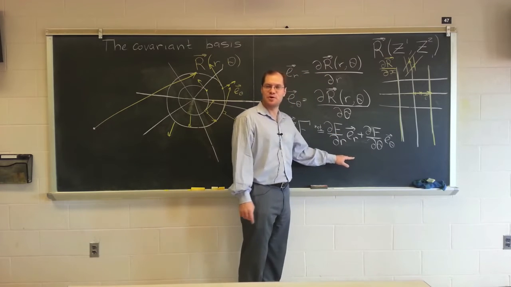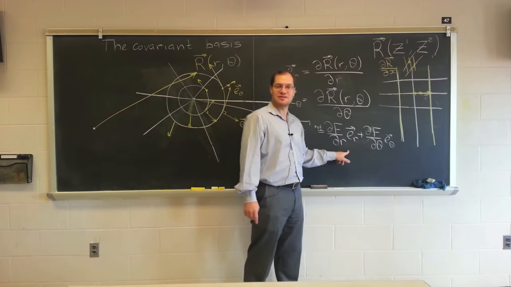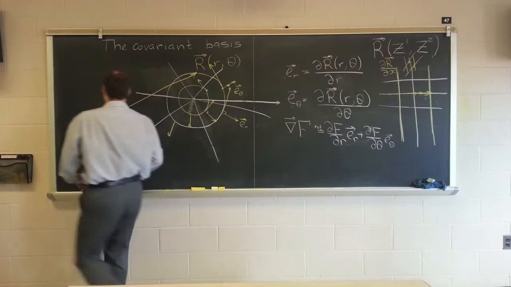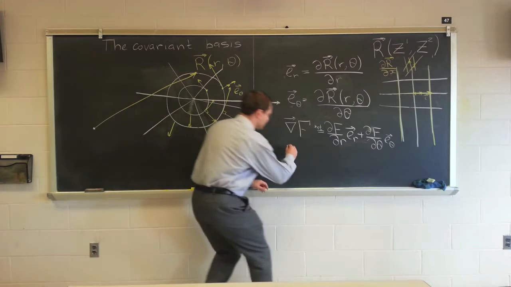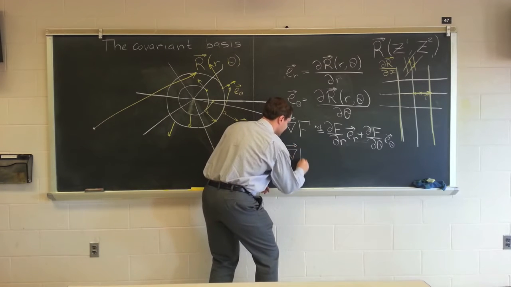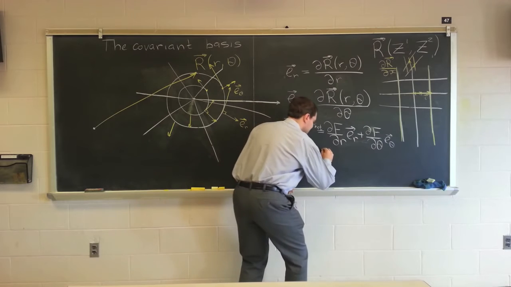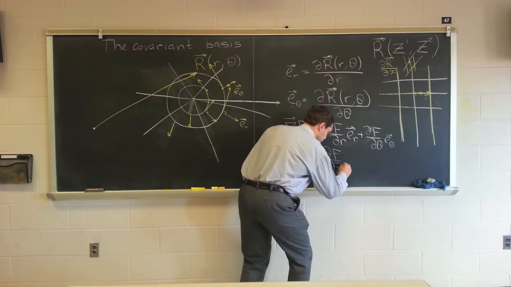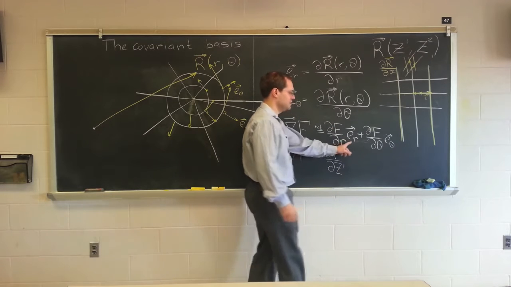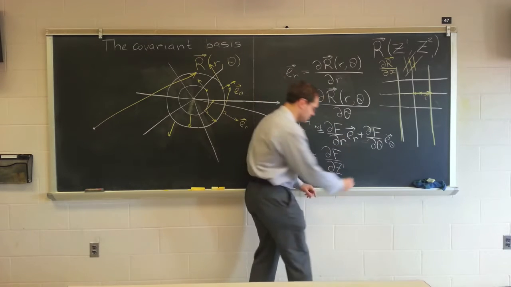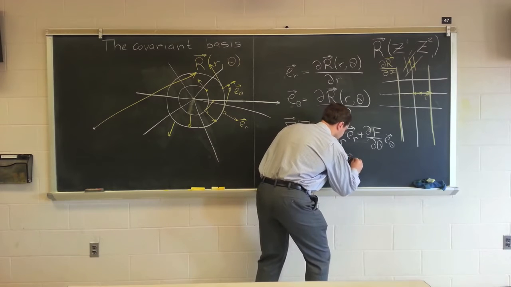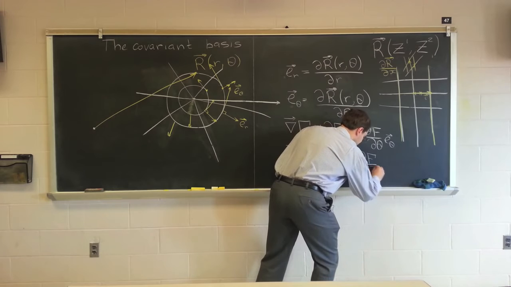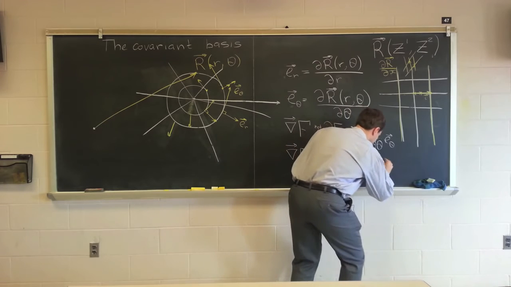But we've taken a step forward. At least we have something to put here. And we can write very generally, once again, with the word "not" in there, that the gradient of f equals df dz1 e sub 1 plus df dz2 e sub 2.